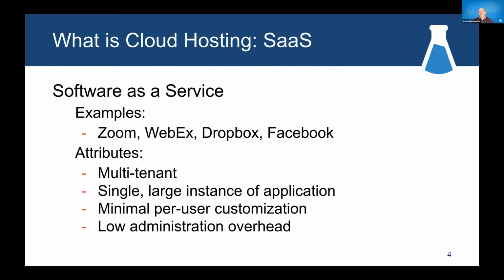There's generally a single instance of an application, but there are multiple customers that use that. Often, software as a service generally has low administration overhead and a minimal set of customizations. To begin using that software as a service, you frequently just deploy or add users to that application, and then you configure the features and options that are available in the service.